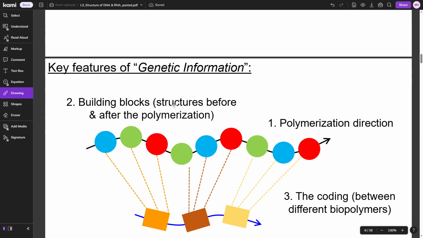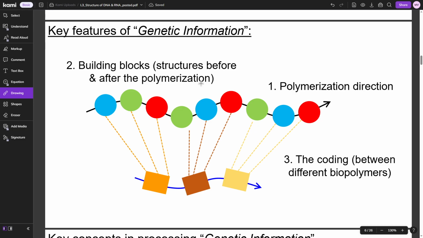For the key features of genetic information, the main thing I want to get across here is this idea of 3 bases coding for 1 amino acid. I don't know why he's made them circles. That's kind of what this is showing. So, building blocks, structures before and after polymerization.